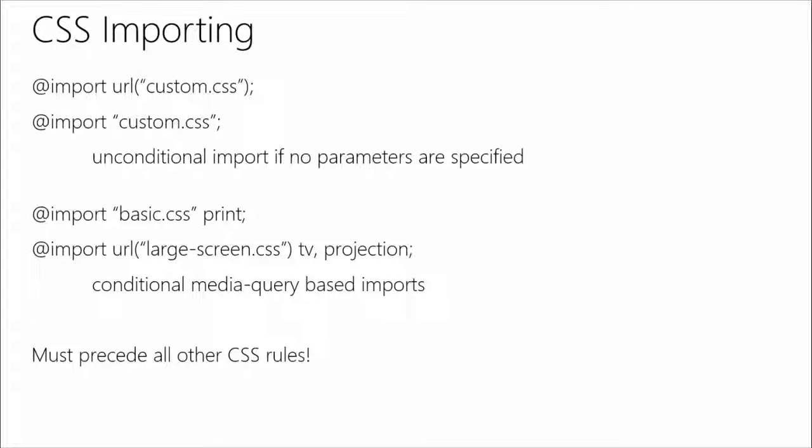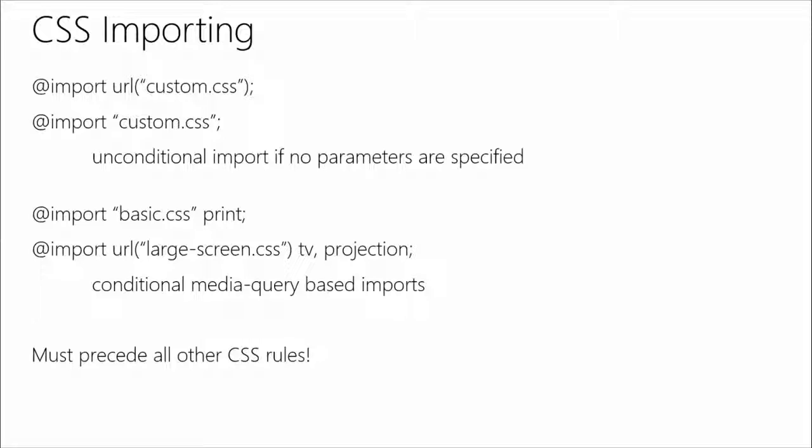Perfect. So one last thing is CSS importing before we get to that example. CSS importing goes hand in hand with media queries, because the only parameters you can really put on imports of other CSS files are essentially media queries. When I say import CSS, I mean within your CSS file, you can call out to another CSS file and include all of those components inside.